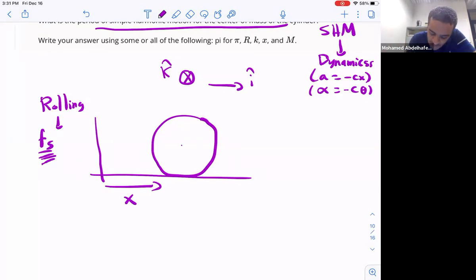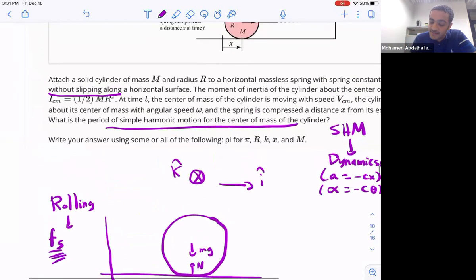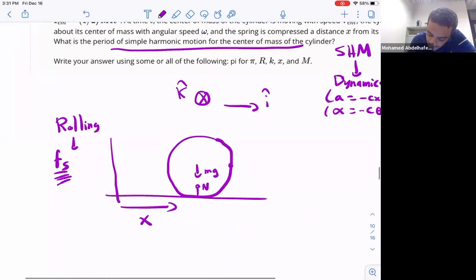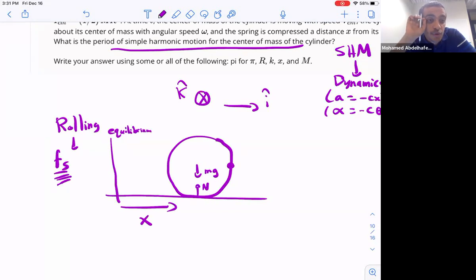Okay, so let's do the free body diagram. So we have the usual mg from the center of mass. You have the normal force from the ground. Again, put every force exactly where it is acting. Gravity from center of mass, normal force from the ground. We have a spring force here because the spring is connected to it, right here. This is where the spring is acting to the right. And since this is the equilibrium position right here, remember this, the spring force always pushes towards equilibrium.